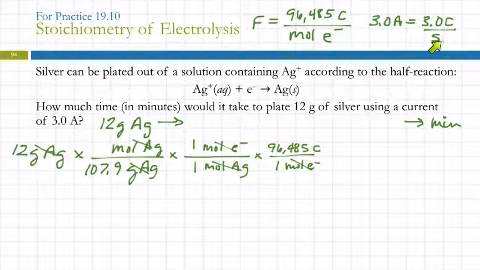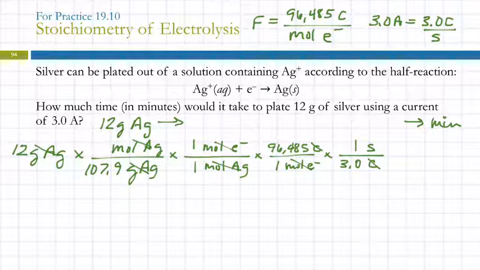The current that was given relates coulombs and time. I'm going to divide by coulombs and multiply by time. So this is 3 coulombs per second, which is the same as 1 second per 3 coulombs. You can just put the number on the bottom. You don't have to calculate anything.